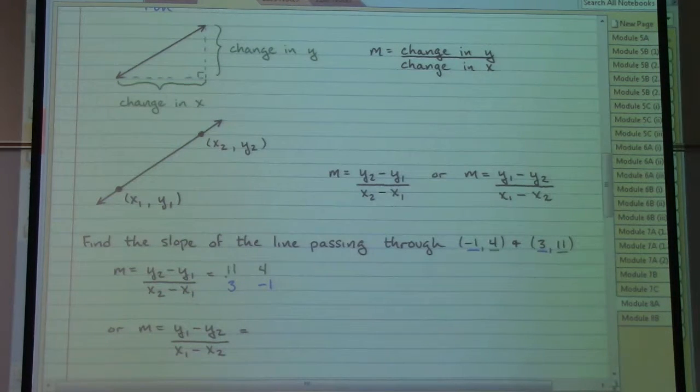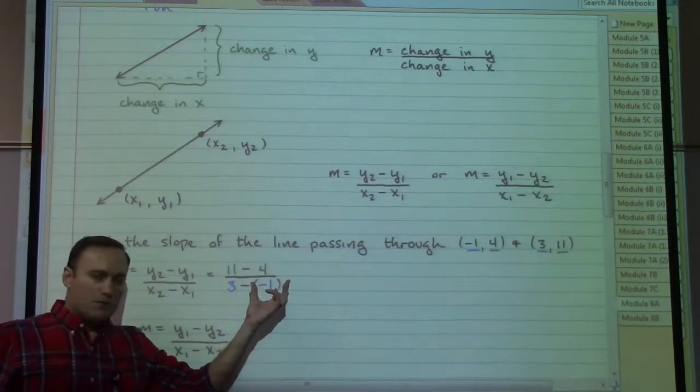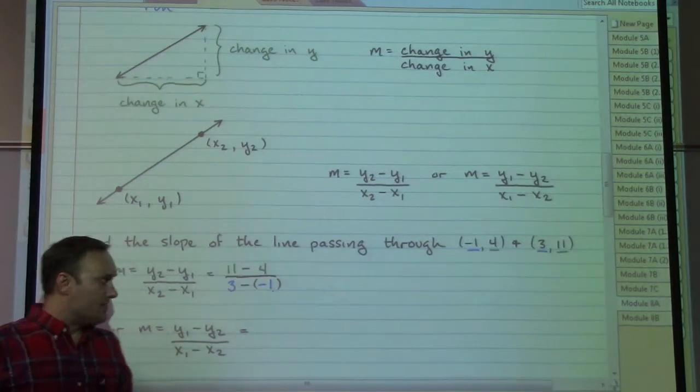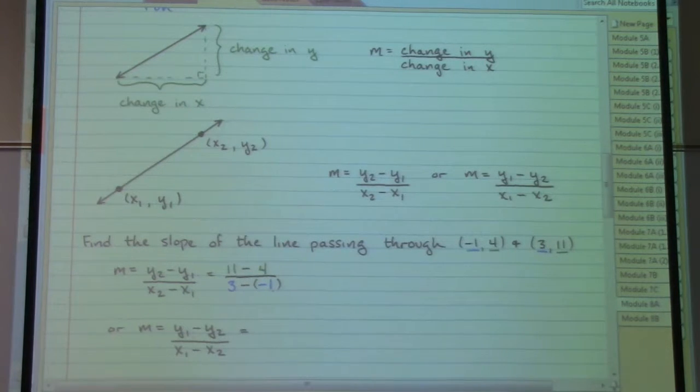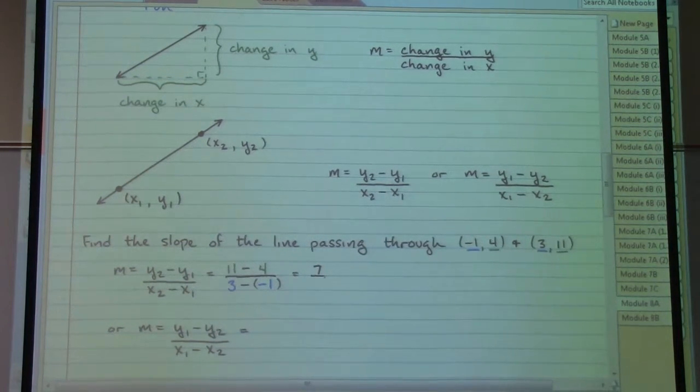And so then we can go ahead and put our division and our subtraction in there. And because so often we see our negative numbers with parentheses around them, I'm following that same sort of tradition. Now we want to go ahead and simplify this. So up on top, 11 minus 4 will give us 7. And down on the bottom, 3 minus a -1 will give us 4.